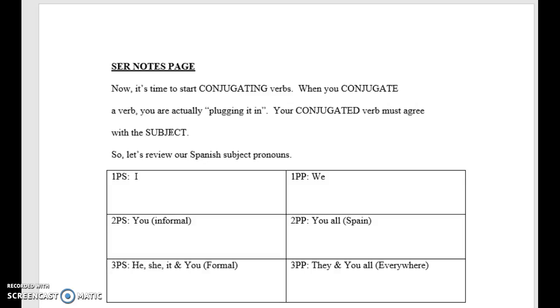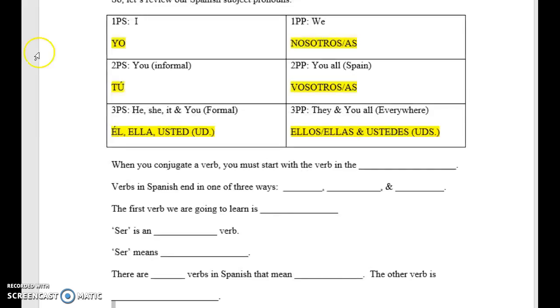But before we can really get into conjugating verbs, we need to review our Spanish subject pronouns. Please take a moment to pause the video and see if you can fill out this chart without my help. Our first person singular subject pronoun, meaning I, is yo. Our second person singular subject pronoun, meaning you, informally, is tú.